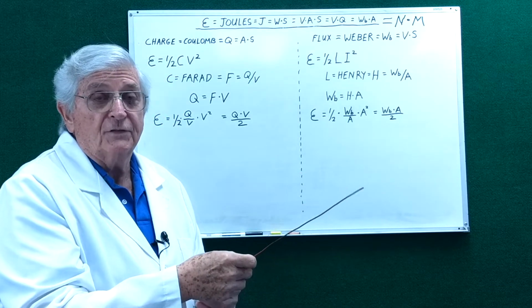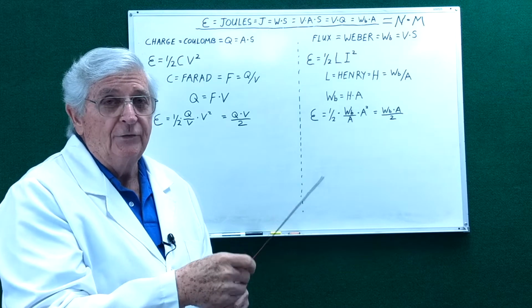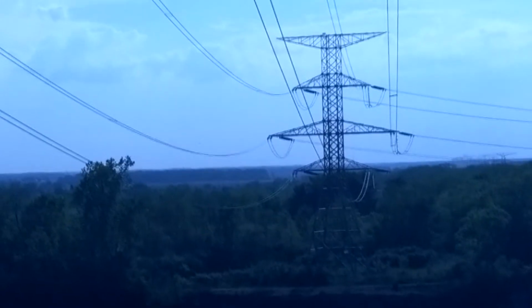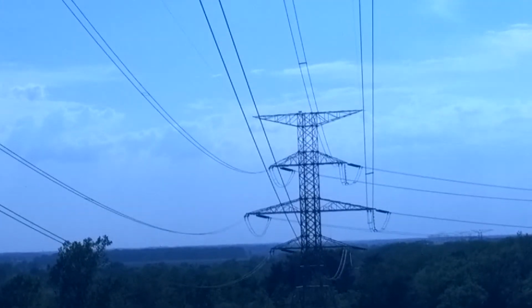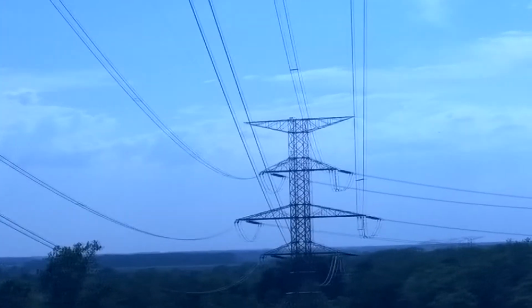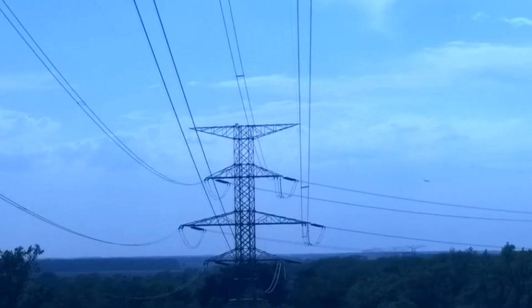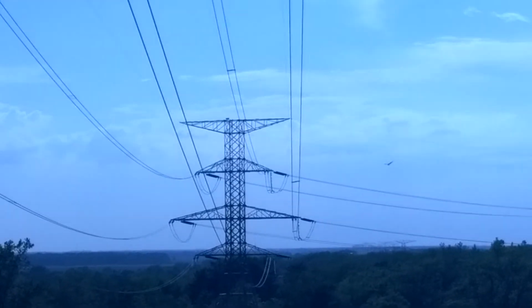So let's go outside and take a look at something that'll help us to understand this better. The power for the device that you're watching this video on most likely came over power lines like these. These wires have an inductance of approximately 1 microhenry per meter.